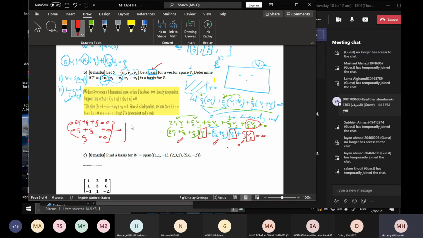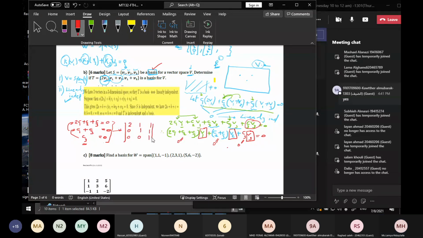So what I'll have is 2, 1, 1. Then in the second row, there is no C1 term, the coefficient of C2 is 1, and the coefficient of C3 is 1. Then the last one is 0, 0, and then 1. So the right-hand side is 0, 0, 0.